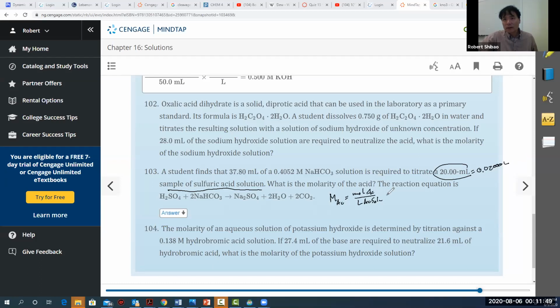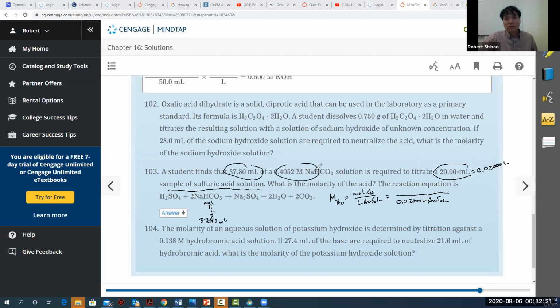So we have the bottom as 0.02000 liters of acid solution. The problem is we don't have the moles of acid, but we can figure out the moles of sodium bicarbonate because we have the volume and the molarity.